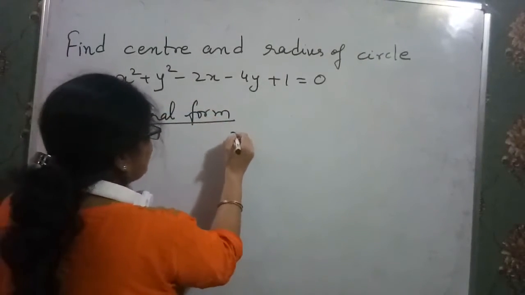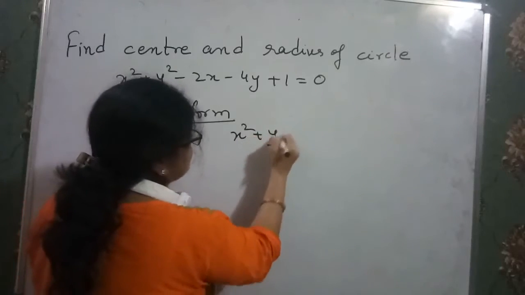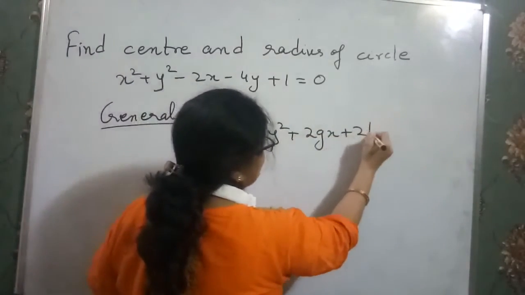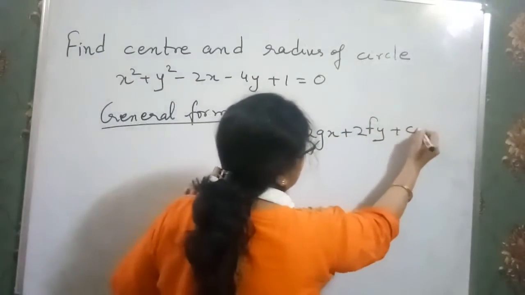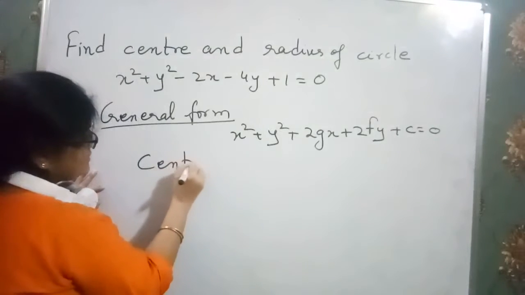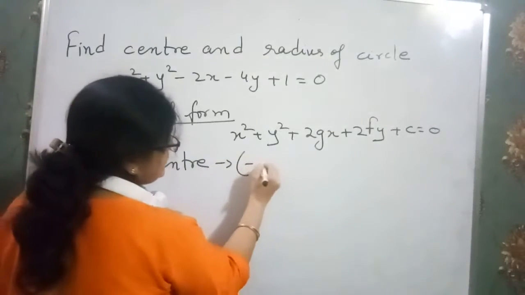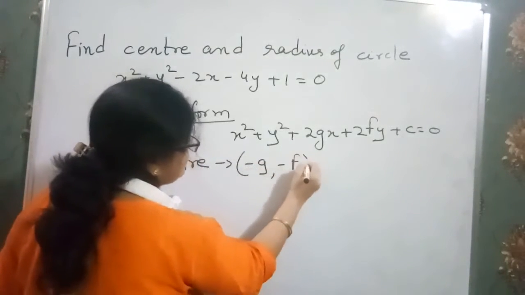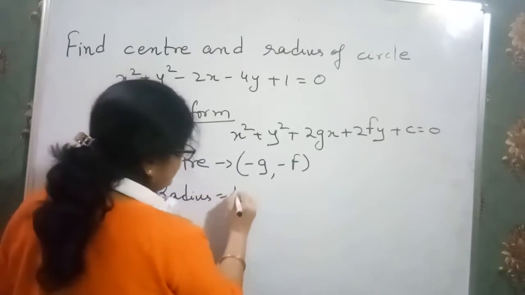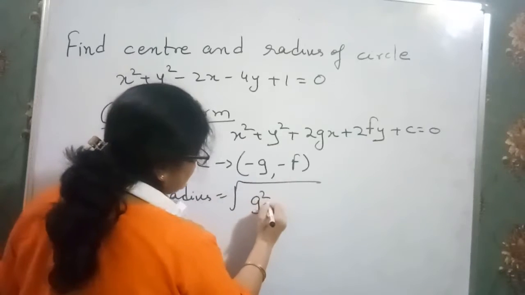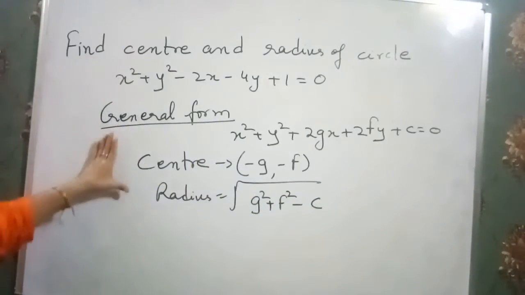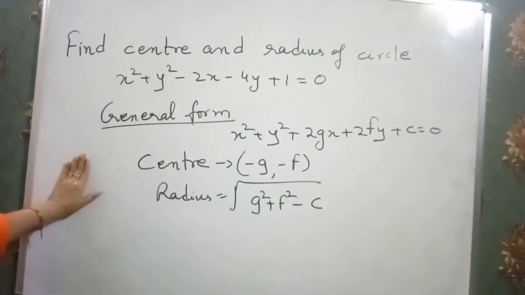This is in the format x² + y² + 2gx + 2fy + c = 0. In this case, our center is (−g, −f) and our radius is √(g² + f² − c). This is the general format of the circle.